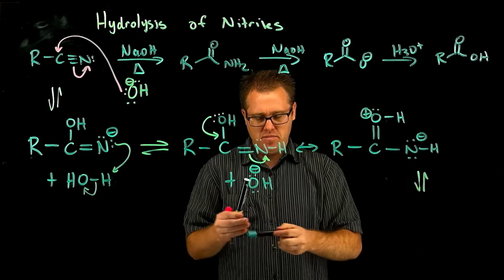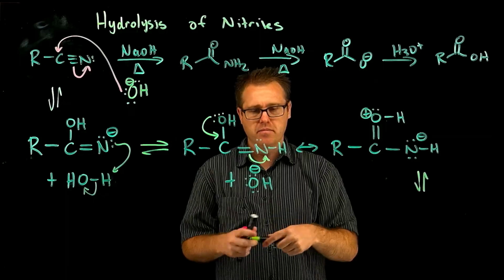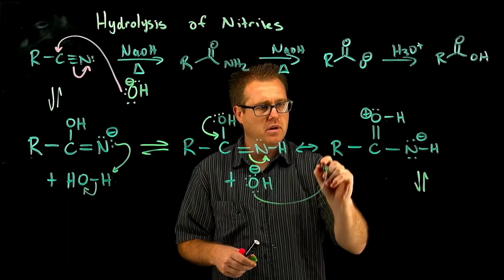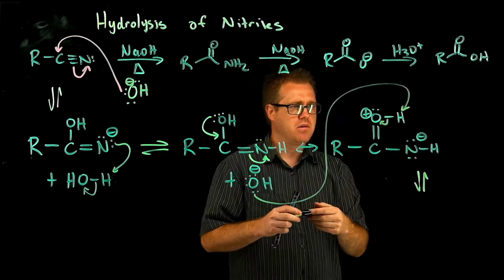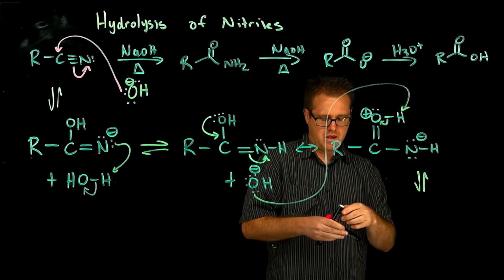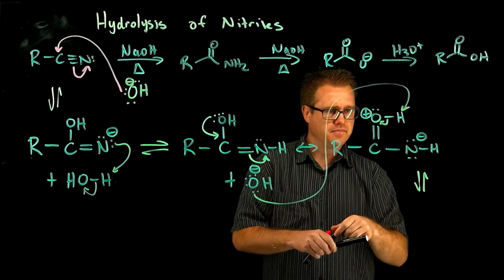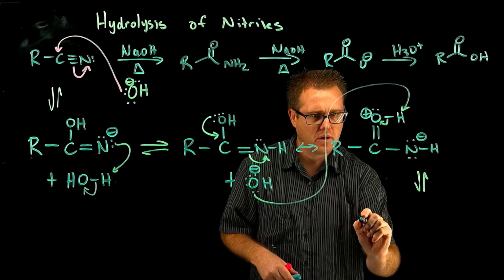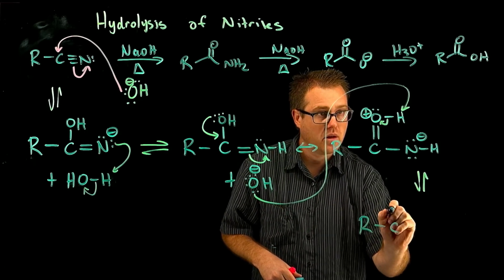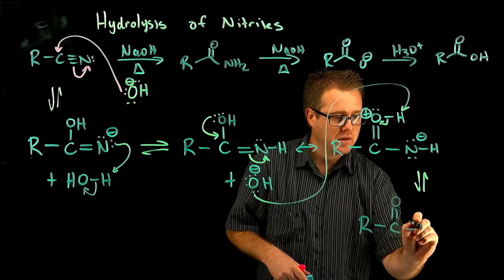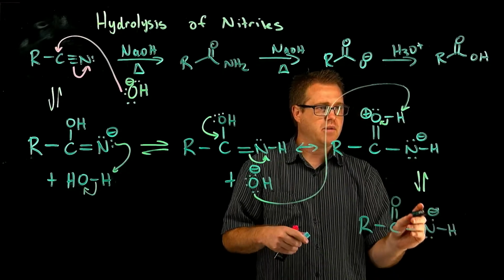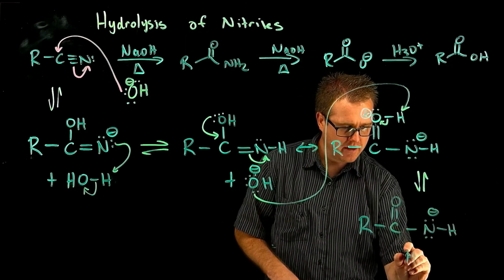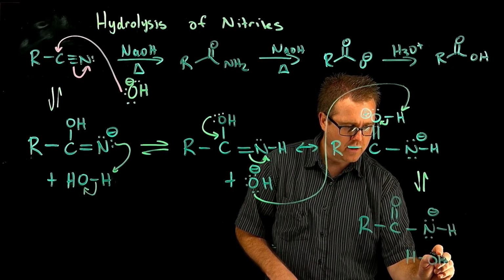So what could happen is the base here can come in and abstract that proton like so. And then that would give us negatively charged. And what did we just generate? We generated water.